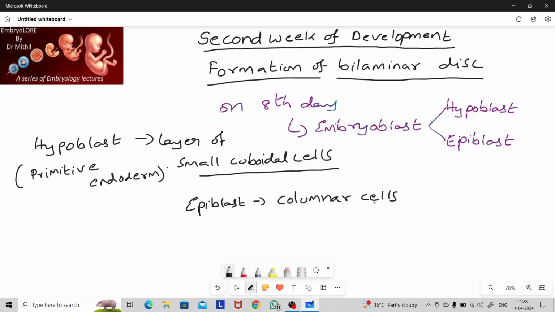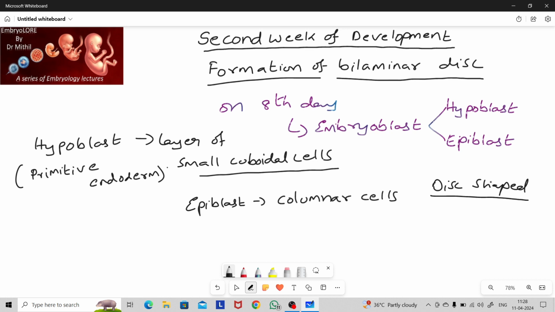Now we can confidently say that the embryo has become a disc shaped structure, made up of two germ layers, the epiblast and hypoblast, and that is why we call it the bilaminar germ disc. In the further development, there will be the formation of the amniotic cavity.